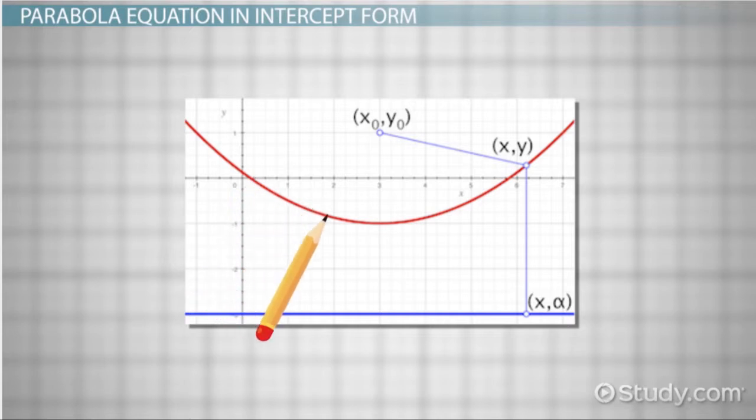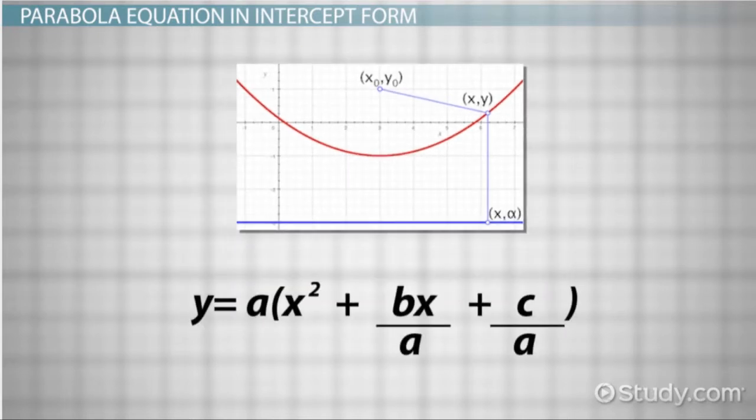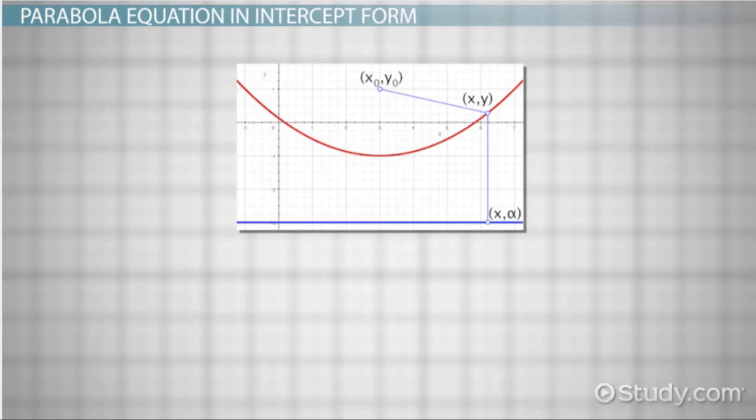Sometimes you're asked to find where the parabola intercepts the x-axis. To get an equation with this intercept information already in it, use the standard form equation with a, b, and c. Then factor out the a to get y equals a times (x squared plus b times x over a plus c over a). Then use the quadratic equation to find the two roots p and q.